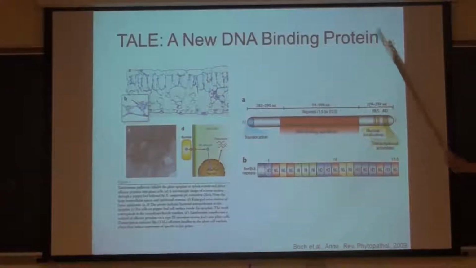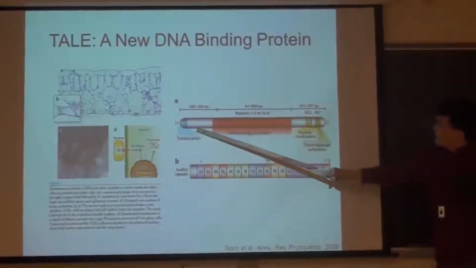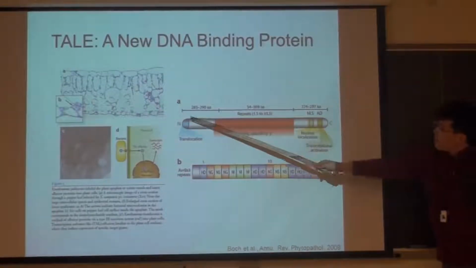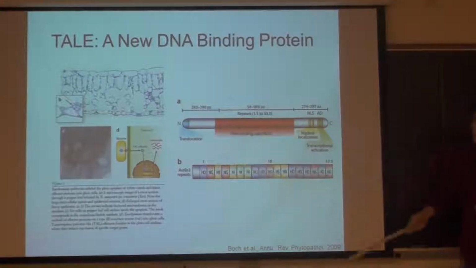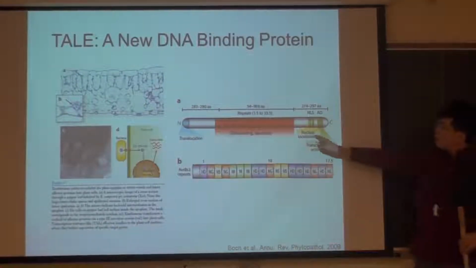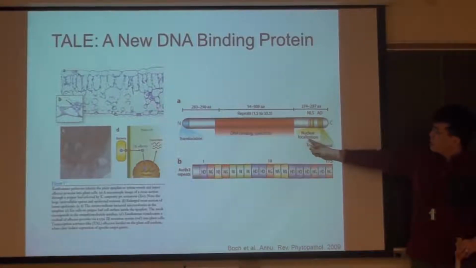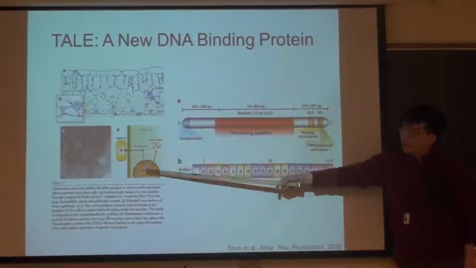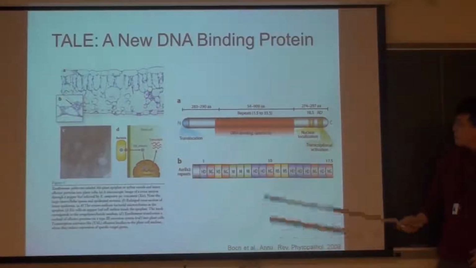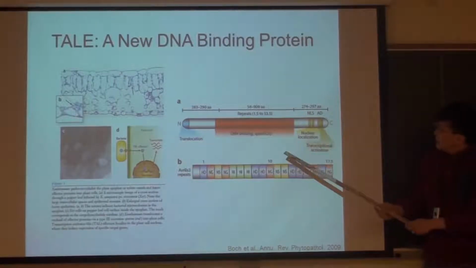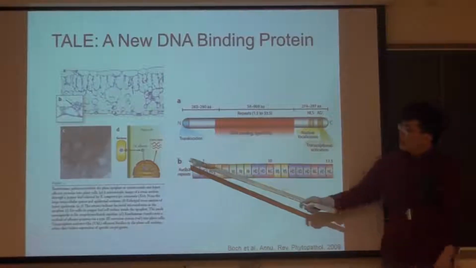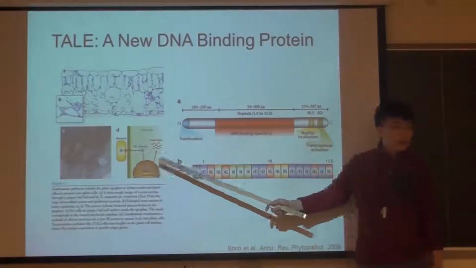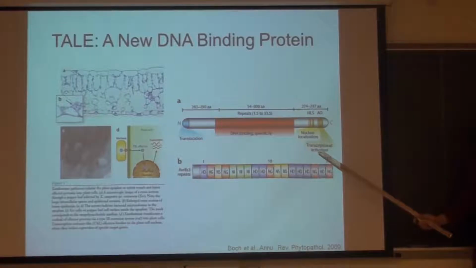But that protein has more than 1,000 amino acids and has multiple domains important for its function. For example, there's a nuclear localization domain that makes sure that this protein will go into the nucleus, and then there's a DNA binding specificity domain that tells the protein which DNA sequence to go to, and then finally a transcription activation domain.